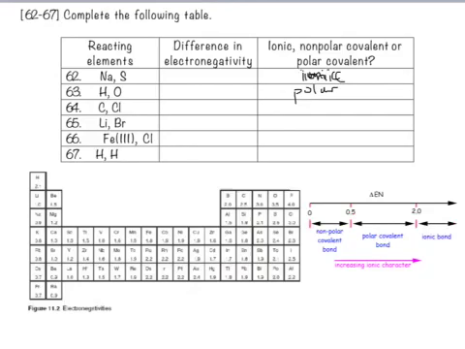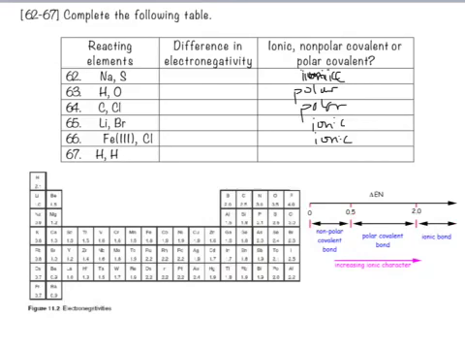Carbon and chlorine fall right on that borderline, but I would say it is polar because their difference is 0.5, right in between. Polar is good enough. Lithium and bromine, a metal and a nonmetal, is going to be an ionic compound. Iron and chlorine, once again metal, nonmetal, is going to be ionic.